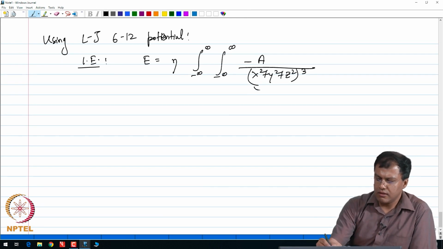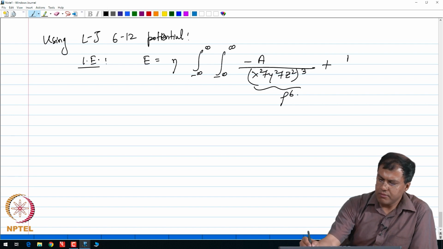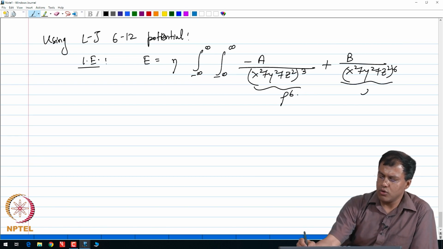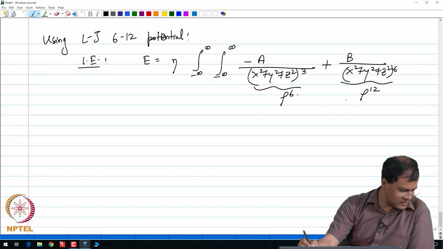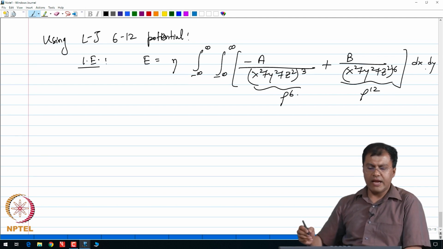So, this is my rho to the power 6, plus b times x square plus y square plus z square to the power 6. So, this is my rho to the power 12. So, 6-12 potential times dx dy. So, this is my interaction energy.